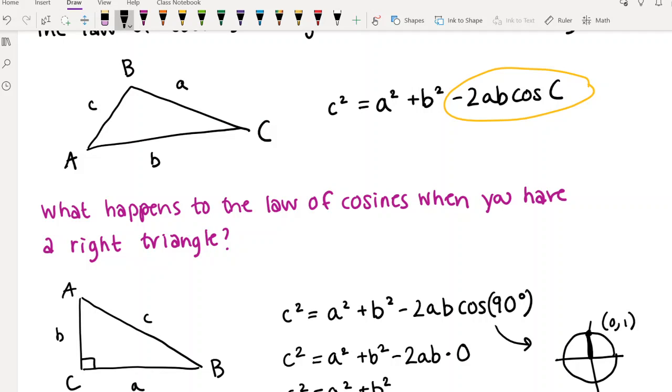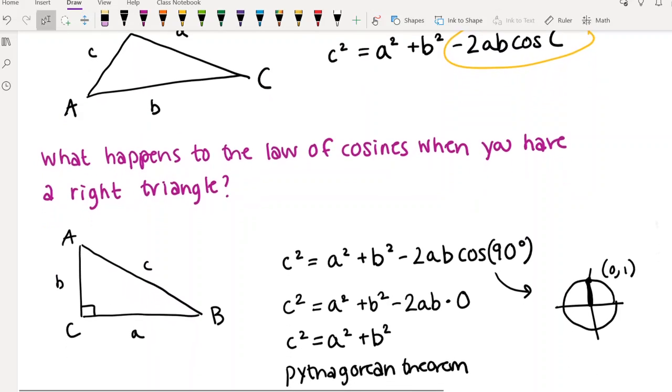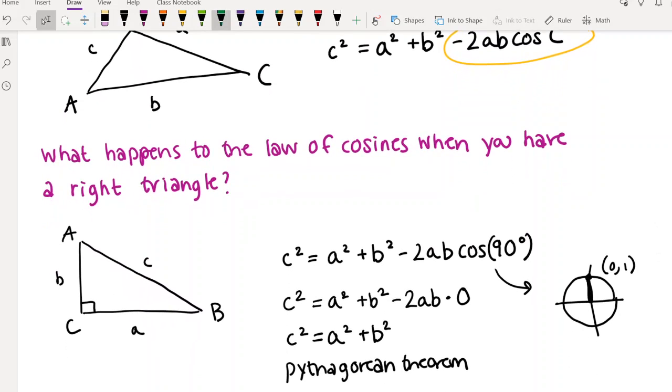Basically, the closer that angle C is to 90 degrees, the closer to 0 cosine of c gets, right? Like if you were to go on the unit circle and draw an angle really close to 90, the x value of that angle is going to be really small, right? So cosine of the angle is going to be really small.